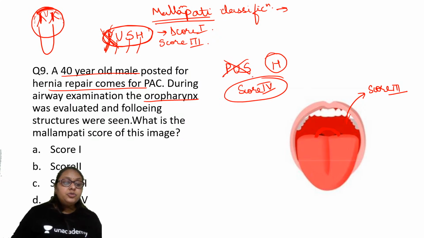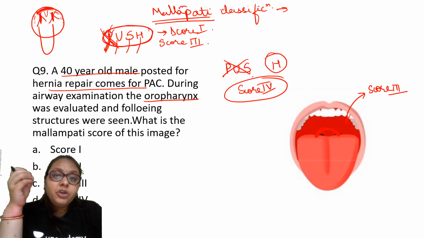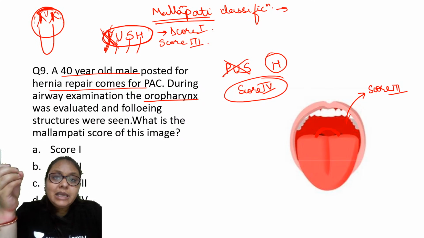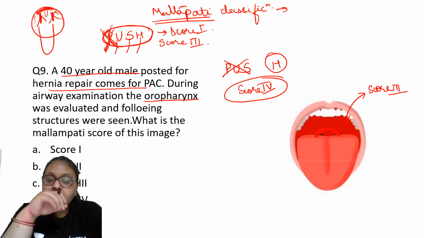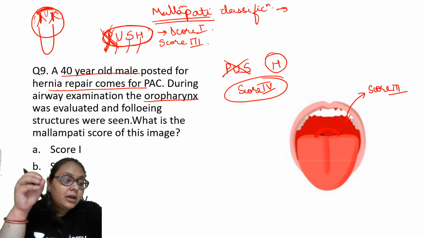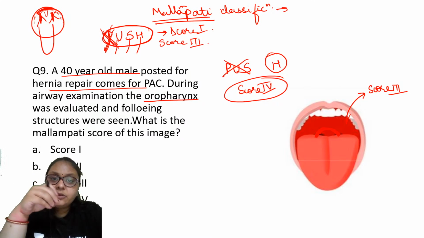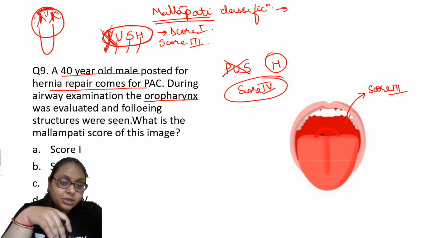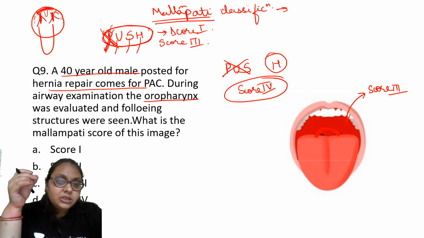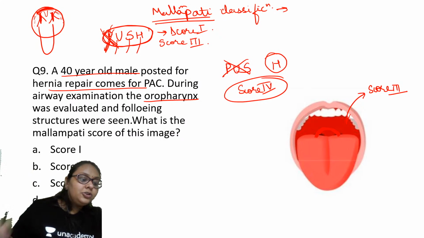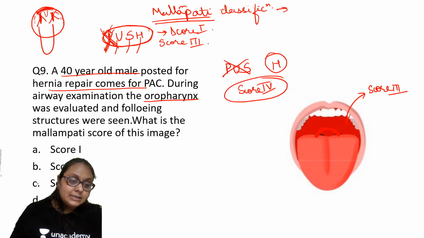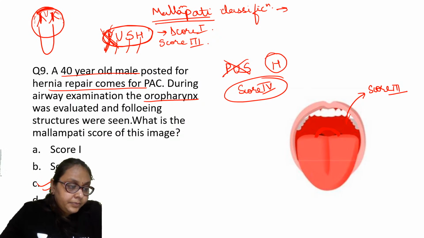It is used to evaluate the oropharynx for laryngoscopy and intubation. So these are the structures which are normally seen. Is it clear? So Dr. Piyush, it is not B, it is C, that is score 3.